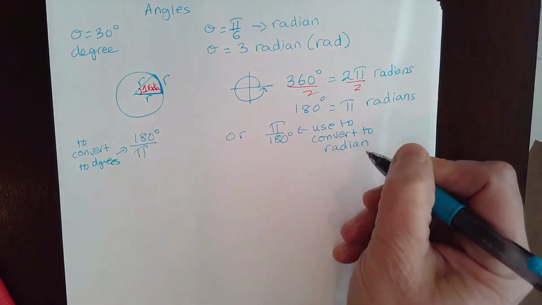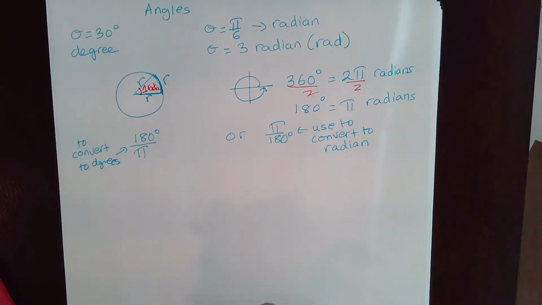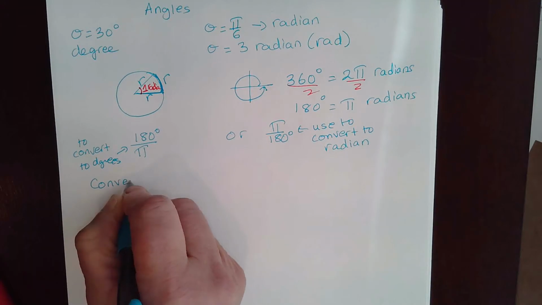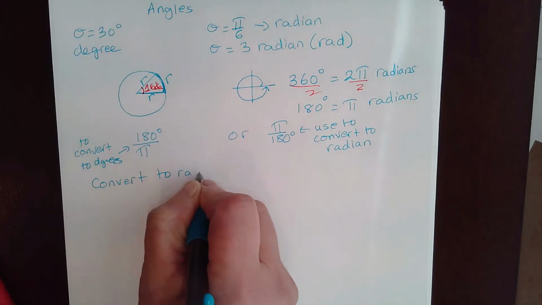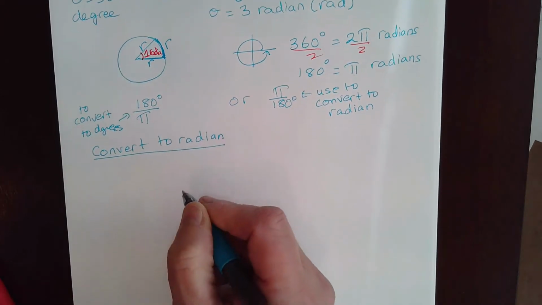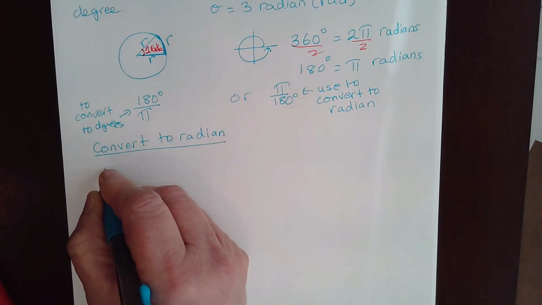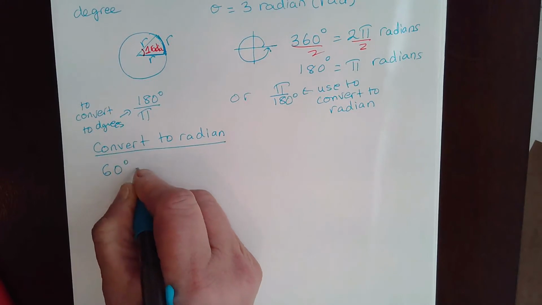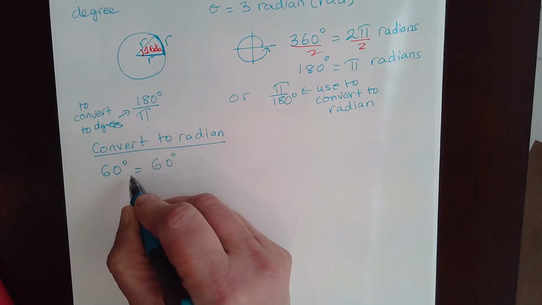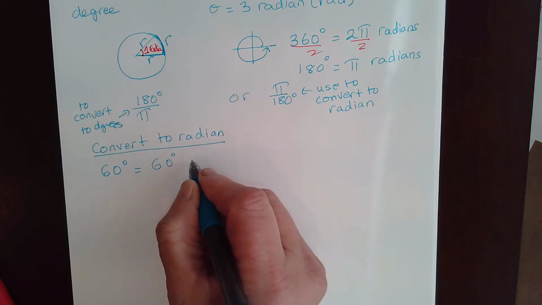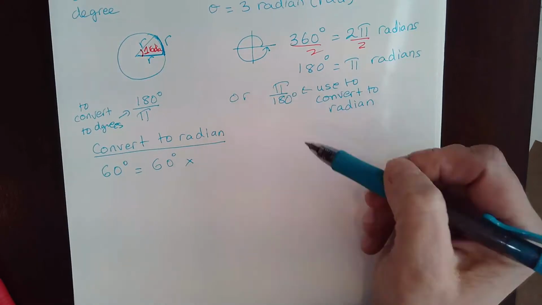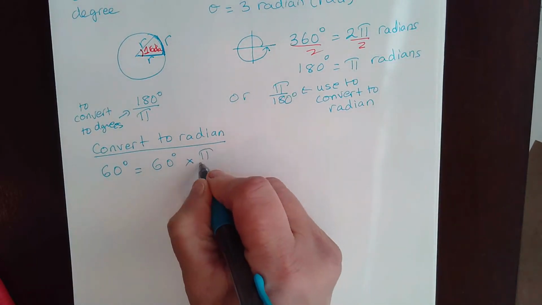Okay, so let's have an example. Convert the following to radian. Take for instance 60 degrees. Since I'm going to convert it to a radian, I have to multiply by pi over 180.